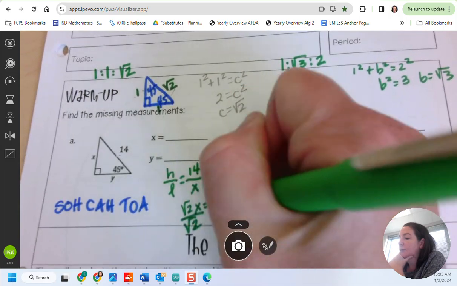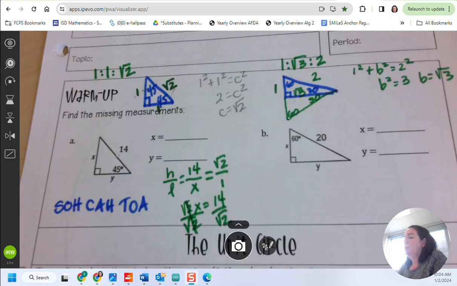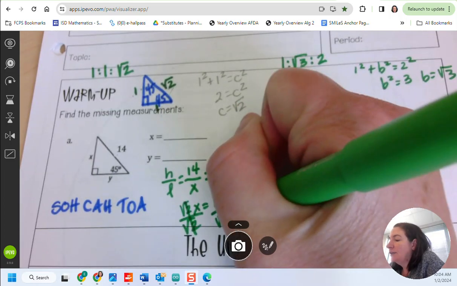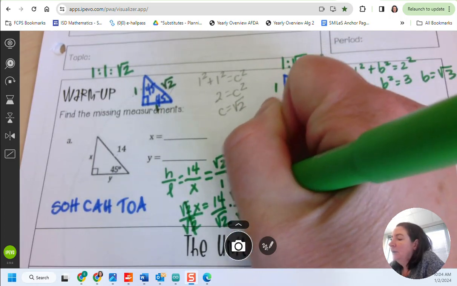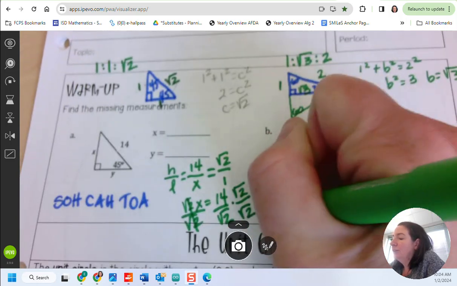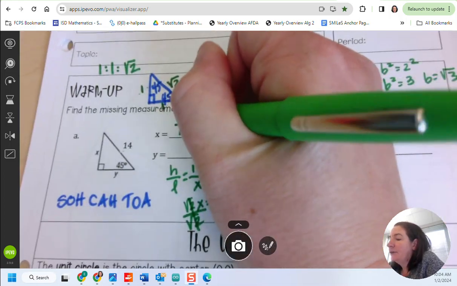Dividing it by root 2, you get 14 divided by root 2. So 3 sig figs would be pretty easy. You just put that in the calculator. Or you can actually get an exact answer by rationalizing your denominator. I get 14 root 2 over 2, which is 7 root 2. So this is 7 root 2.